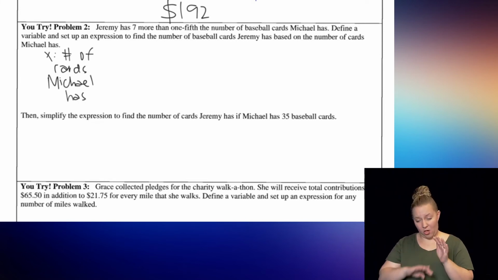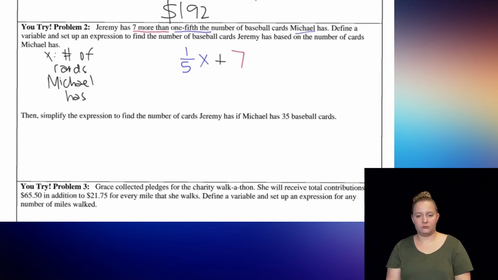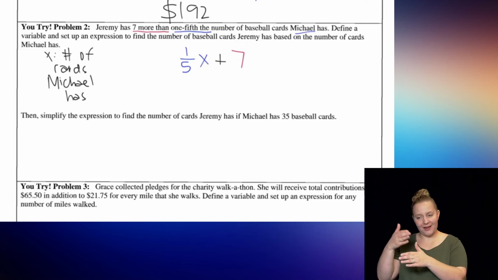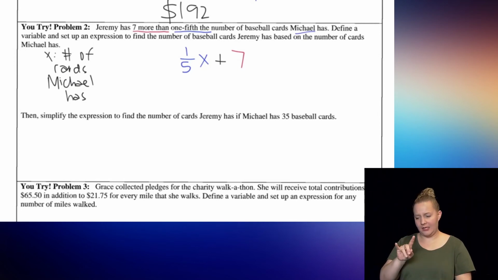And then with that, I want you to pause, select the correct multiple choice expression for this problem. And take a look, 7 more than. Notice that I put the 7 at the end. Obviously, addition is commutative, but if I'm having 7 more than something, I'm adding 7 to it. And then 1/5 the number Michael has. So 1/5 x plus 7.